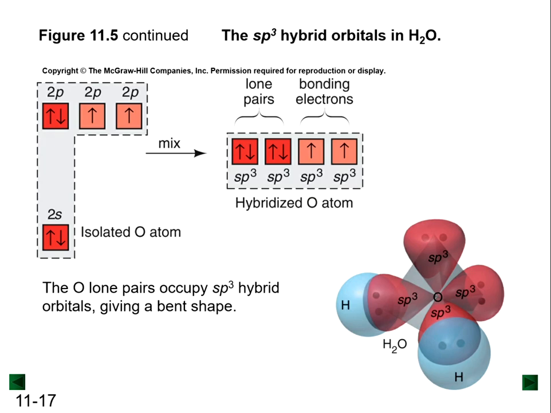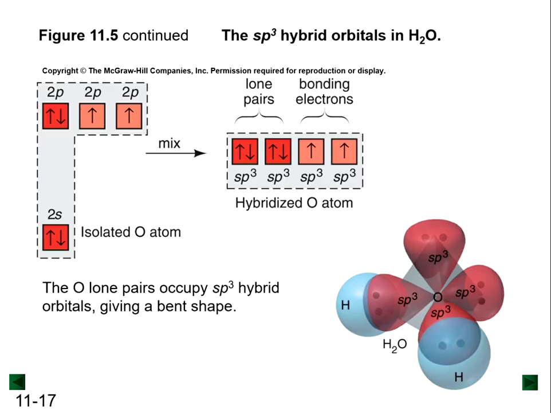We can see how this arises then using valence bond theory. The oxygen atom has an electron configuration of 2s2, 2p4. We need 4 electron groups because we have a tetrahedral electron group arrangement. We need 4 hybrid orbitals. So again, we have our sp3 hybrid orbitals, 4 of them.